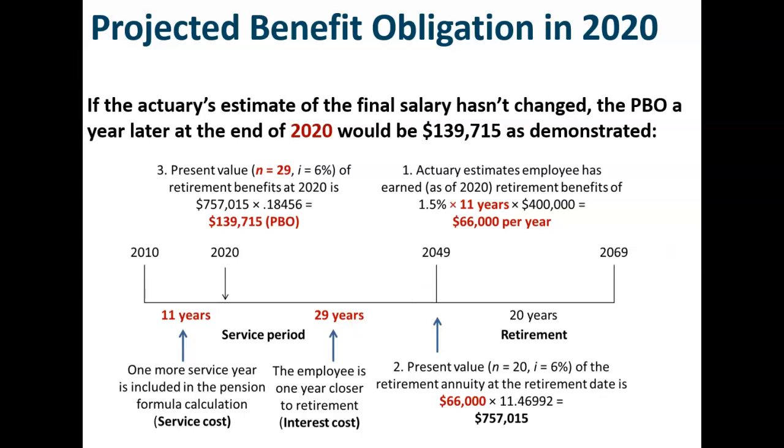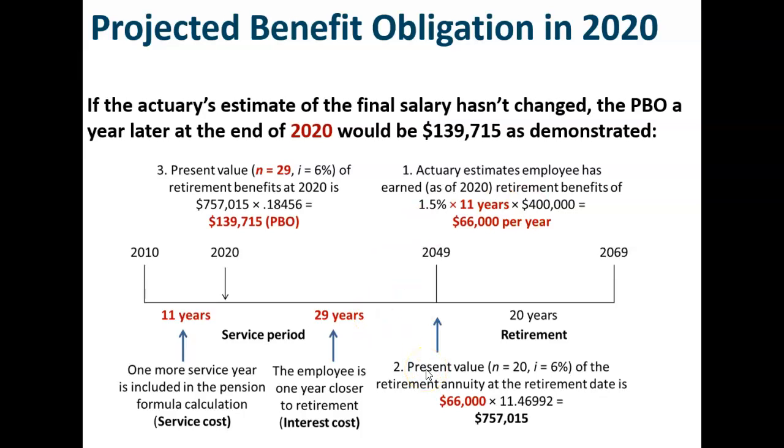Step 1. 1.5% times 11 years of service to date times $400,000 equals $66,000 per year for 20 years. Step 2.